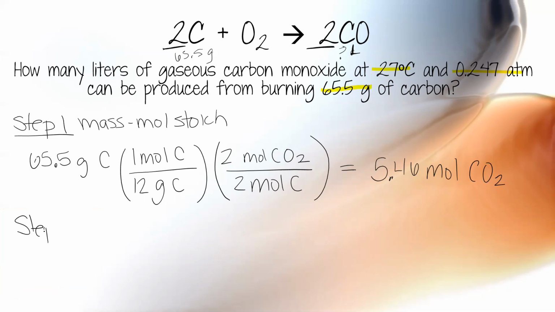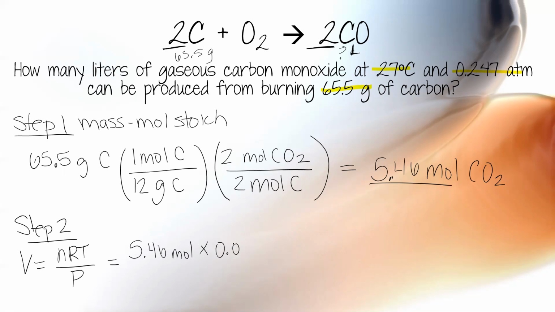All right, step 2, I'm going to use the equation V equals nRT over P. So n, I just solved for right here. R is our constant. T is given to us in the problem. 27 degrees Celsius converts to 300 Kelvin.